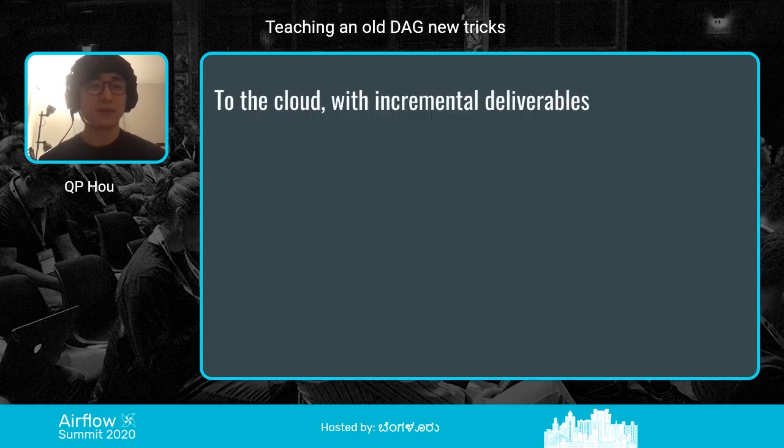So, next I wanted to talk a little bit about how we broke up the migration steps into multiple stages. The first thing that we did was set up an incremental daily sync from the HDFS data lake into S3.